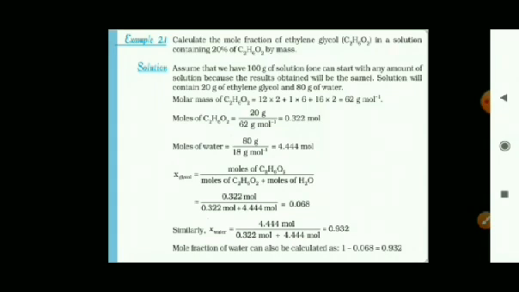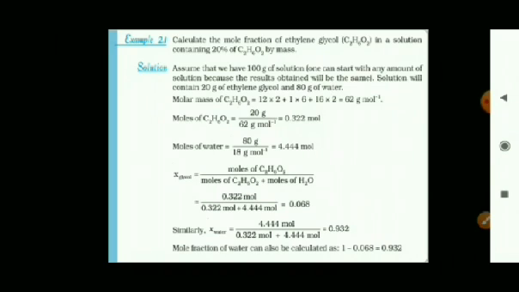What we have to calculate here is the mole fraction of what? Of ethylene glycol. Ethylene glycol is your solute, in a solution containing 20% ethylene glycol by mass. Now you have to assume that the solution we are making is 100 ml.